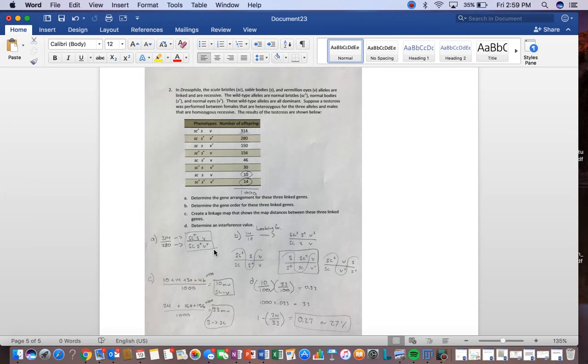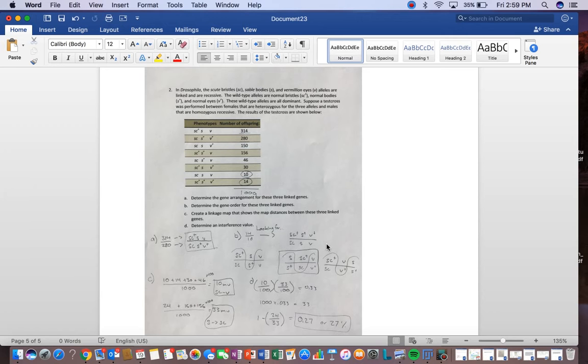It's pretty simple. For B, it asks for the gene order, and something that's helpful is to set up 3 different gene arrangements, with each allele being in the middle. Then you locate the 2 least greatest categories, which are the 10 and the 14, and you write those so you have something to look at.